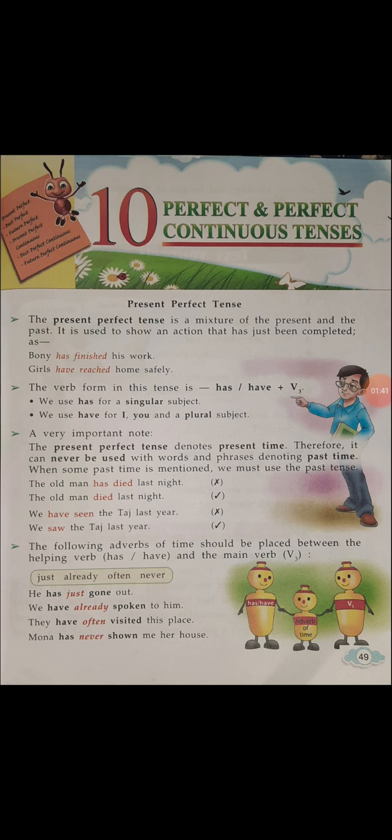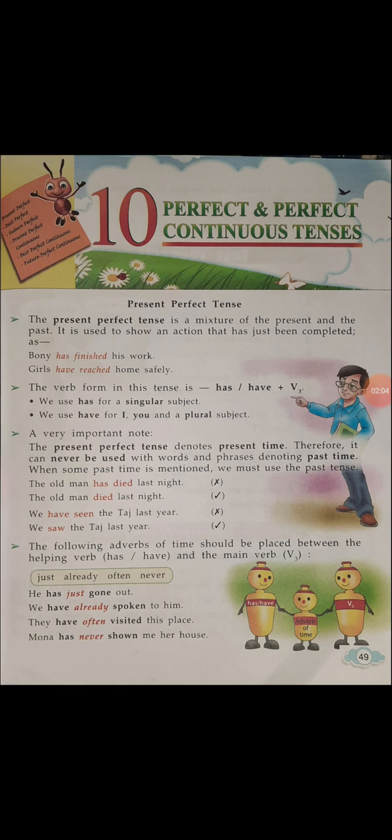The sentence will be a mixture of both, and the action has just been completed. Just means a few hours ago or yesterday, so the task has been completed lately. For example, Bonnie has finished his work.